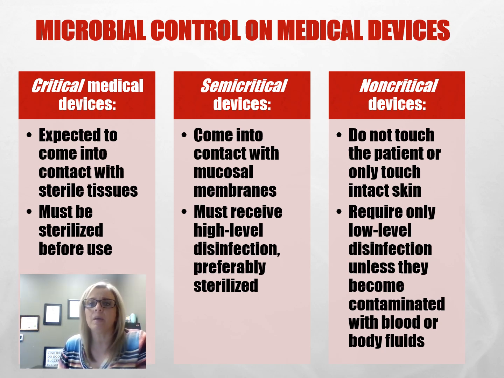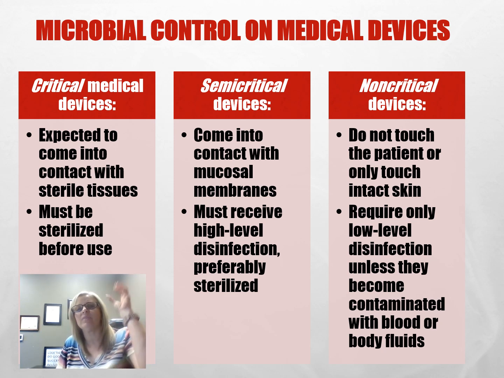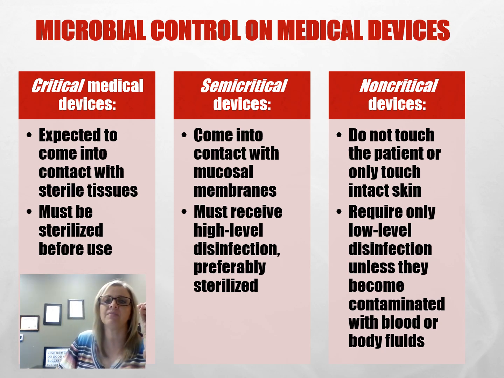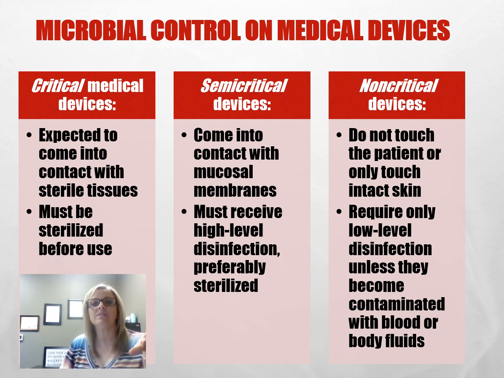That's a portal of entry. We are making a portal of entry that bypasses our first line of defense. So these should have a higher level disinfectant or sterilization. Okay. Non-critical do not touch the patient or bypass the first line of defense. So these only require minimal disinfection. This is going to be things like crutches or blood pressure cuff.